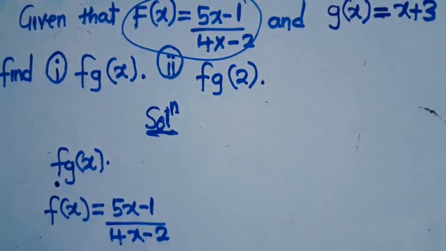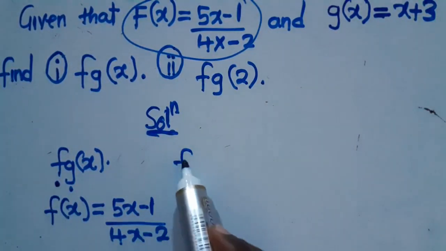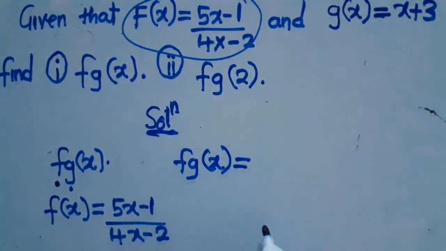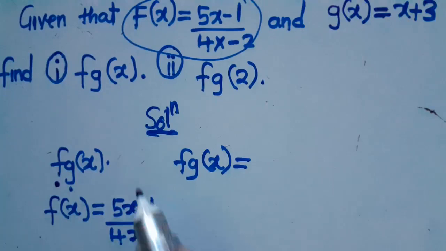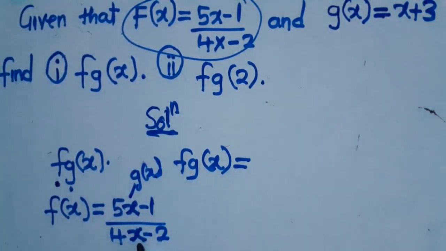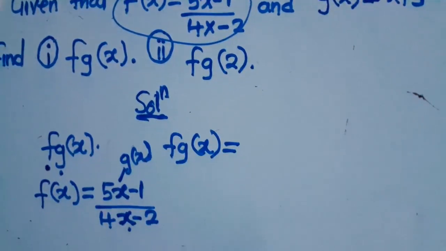They have combined it with a function g. That's why it is written fg of x, telling you that where there is x, you are going to put the function g of x. Even down here, you are going to put the function g.